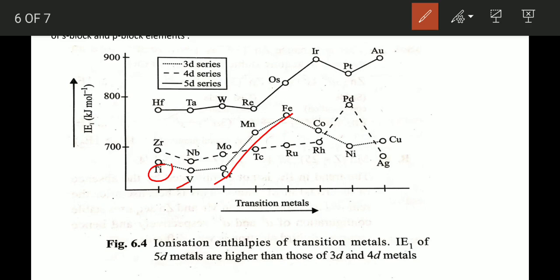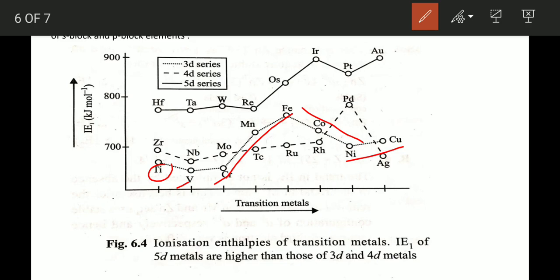Because of this, in Mn, Fe, when we see the electronic configuration, after chromium, cobalt and iron, the outermost shell is more attracted towards the nucleus. That's why it is difficult to release this electron. So ionization enthalpy increases. Here we are discussing the first ionization enthalpy. Then slowly it decreases till nickel. That is constant.